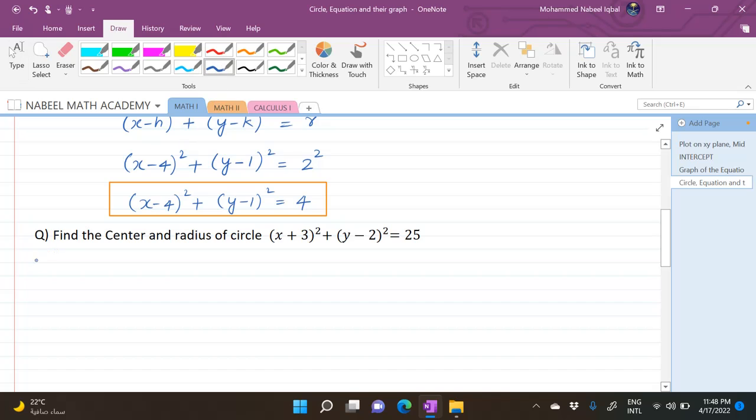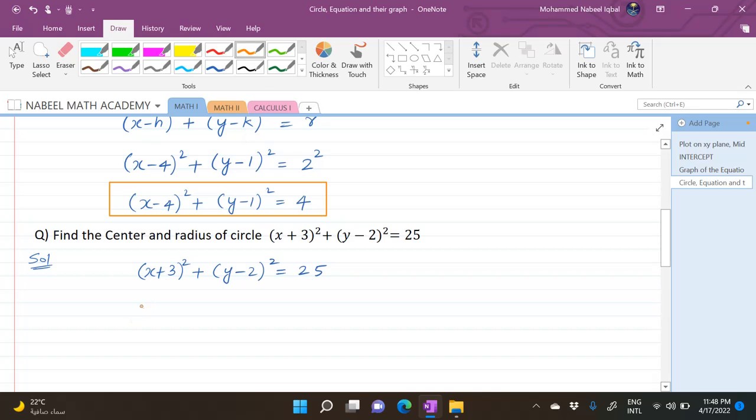The given equation of a circle is x plus 3 whole square plus y minus 2 whole square equal 25. Now I can compare with the standard form of the equation of a circle.